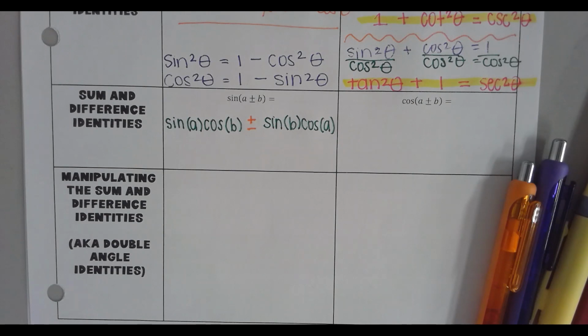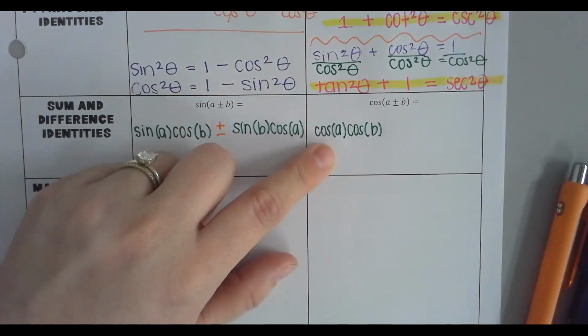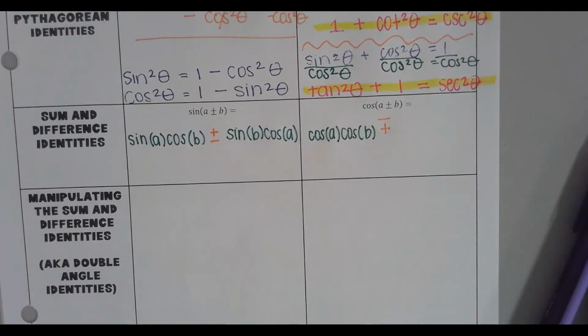Now cosine. The first two, they're both cosine. So you have cosine of two things added together. Now here's another difference. This sign is going to be flip-flopped. If the original problem had A minus B, you rewrite it, it would be a plus.